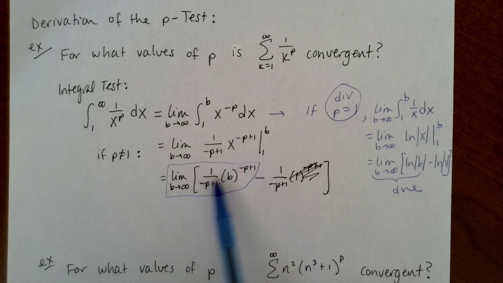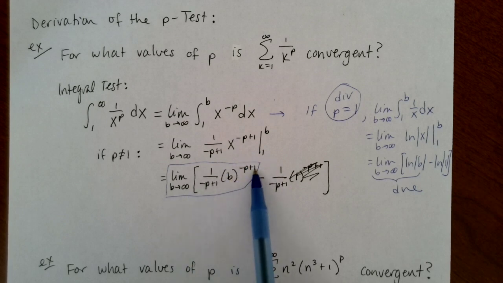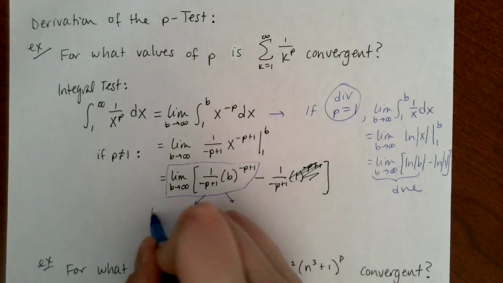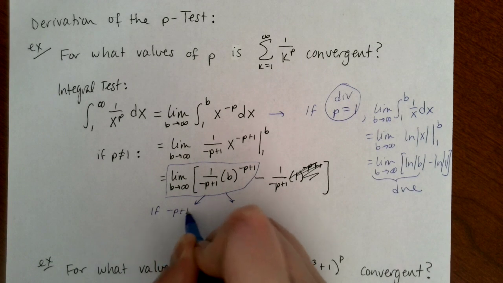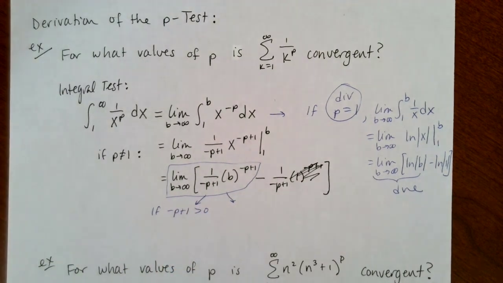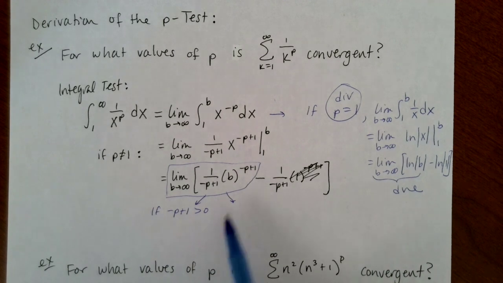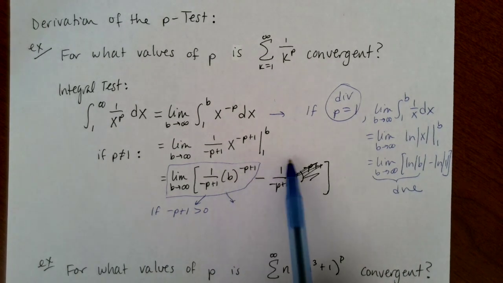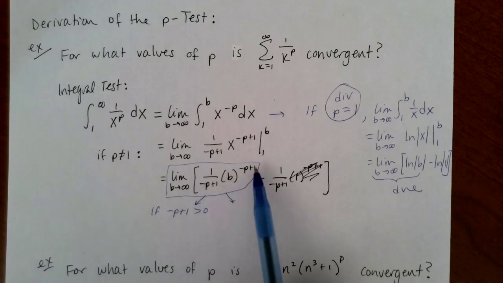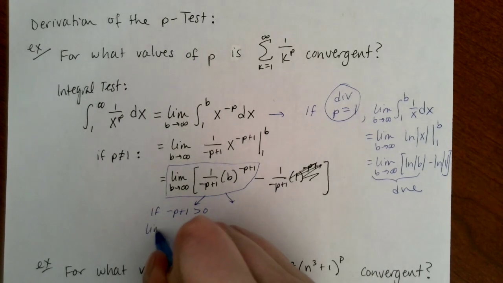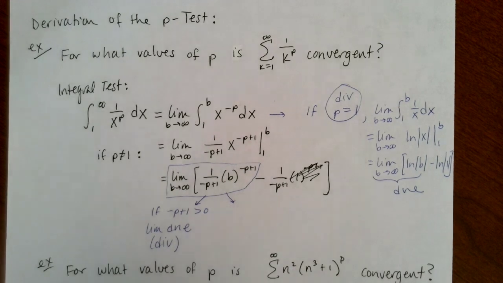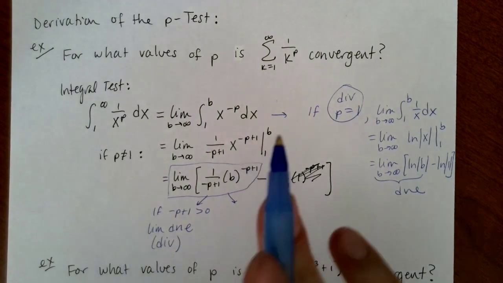So if we have b getting very, very large, and it's raised to an exponent, there's two different things that could be happening. So if negative p plus 1 is a positive number, so it's greater than 0, then as b gets very large, these powers of it just get very, very large, right? So it's like the limit of b squared or b cubed or b to the 10. Those all just go off to infinity. And we would end up in a DNE situation, which means we would have concluded divergent for the integral and the series.